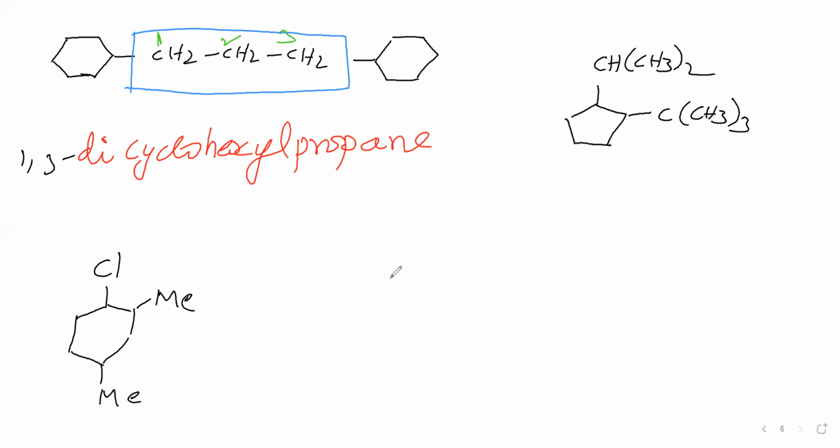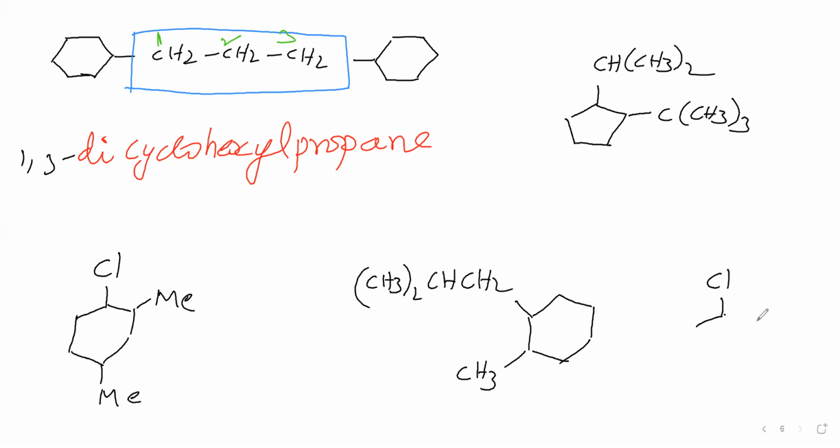Next compound CH3 twice, CH2, here CH3. This compound name also you think and say. Next compound Cl, here OH. This compound name also you can say.